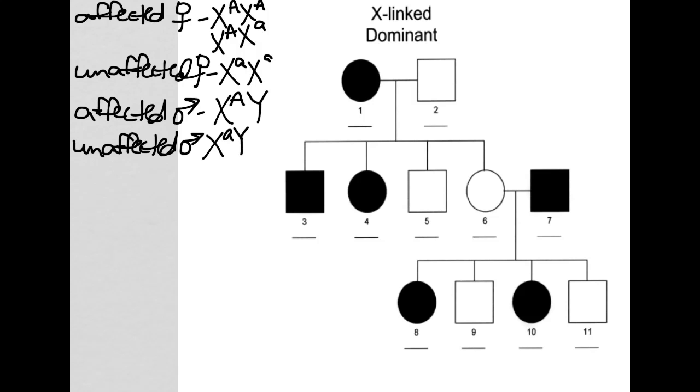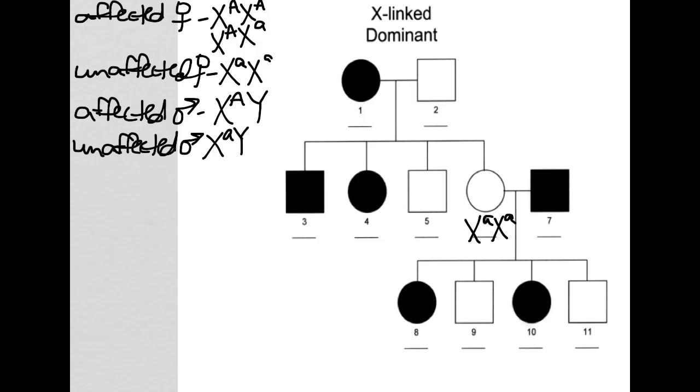So given this information, let's start to assign genotypes. First, we know that all unaffected females have to have the genotype X little a, X little a. So let's fill in those individuals.